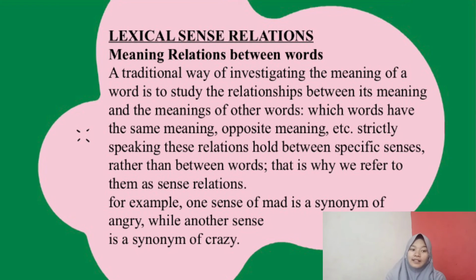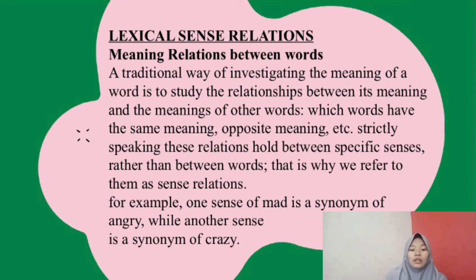Okay guys, let's go to the next topic, lexical sense relations. First, meaning relations between words. A traditional way of investigating the meanings of a word is to study the relationships between its meaning and the meanings of other words, like which words have the same meaning, opposite meanings, etc. Strictly speaking, these relations hold between specific senses rather than between words.